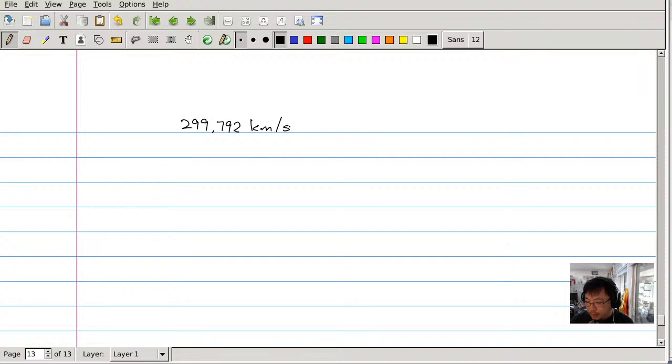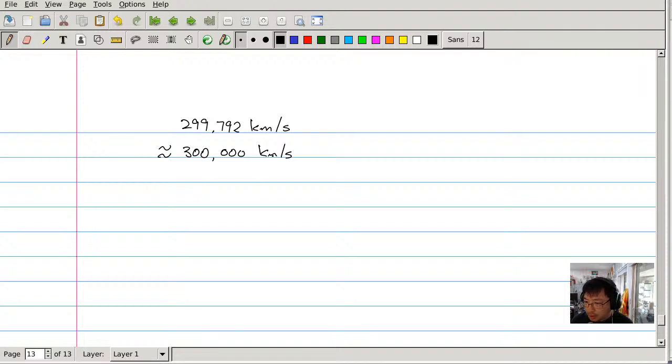You might say, well, I don't really need to know 299,792. If we just call it 300,000 kilometers per second, that's good enough. So this is approximately 300,000 kilometers per second.